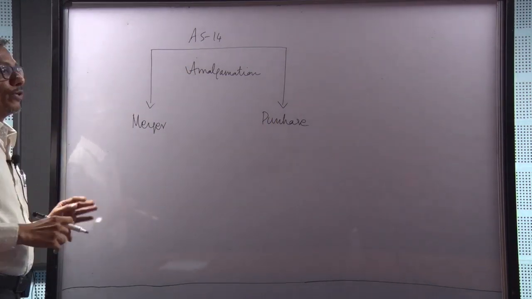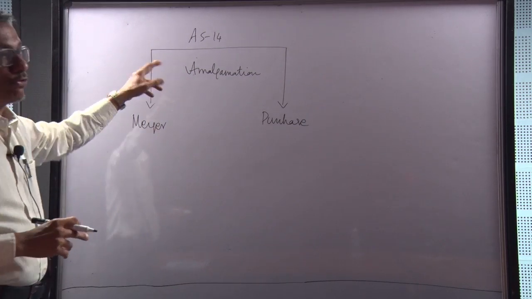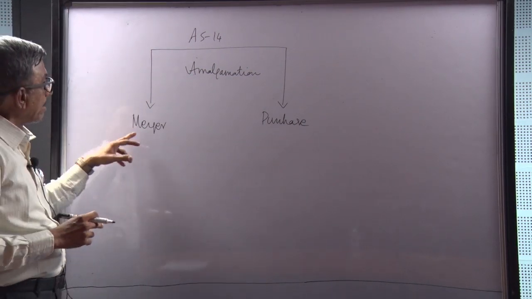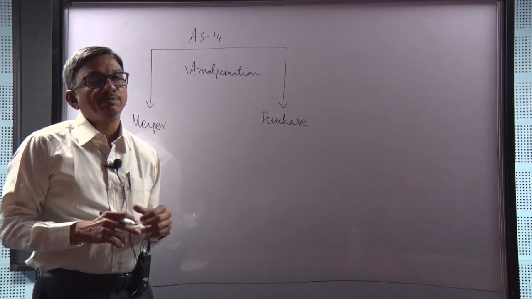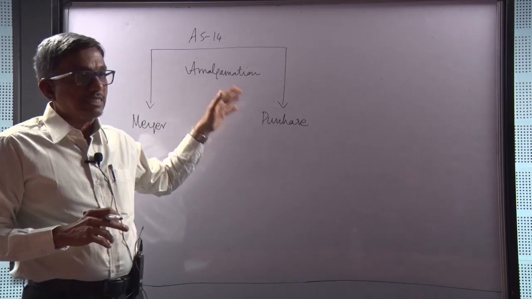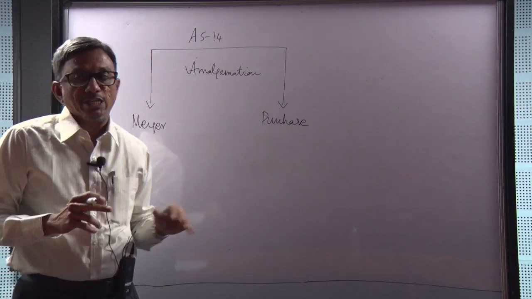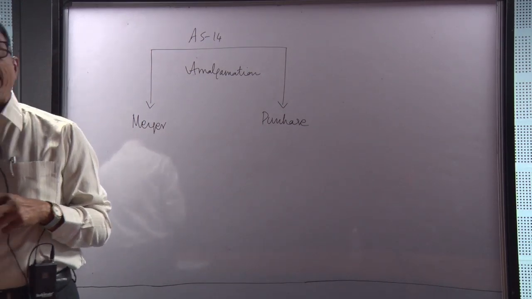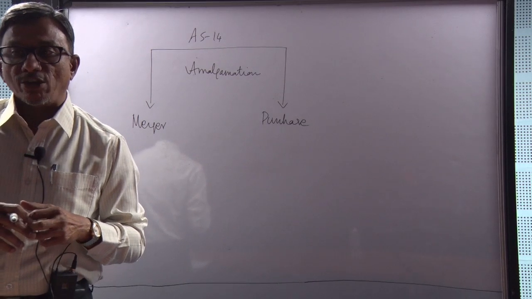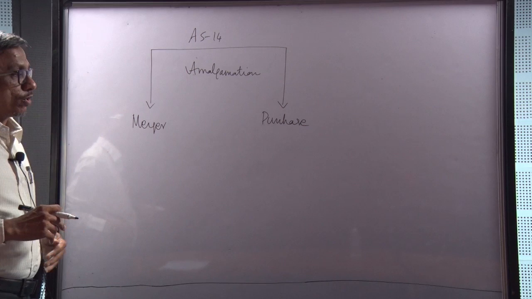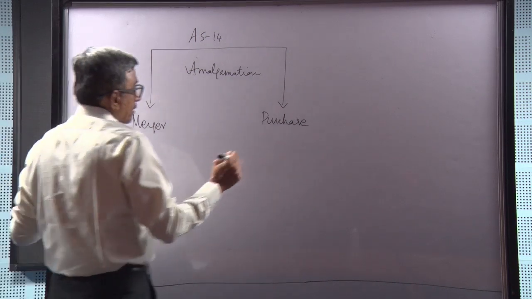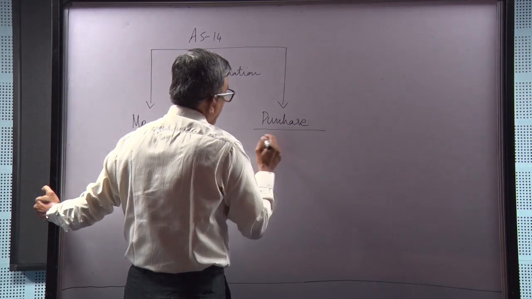As far as AS 14 is concerned, amalgamations are of two types. Either it is amalgamation in the nature of merger or in the nature of purchase. Most probably in the exam, questions are based on purchase only. Very rarely you get problems on amalgamation in the nature of merger. But anyway, we will learn both. That's not a problem.